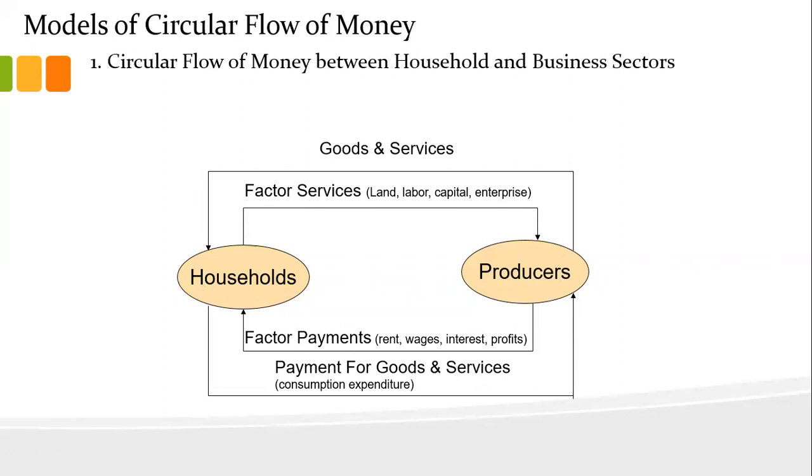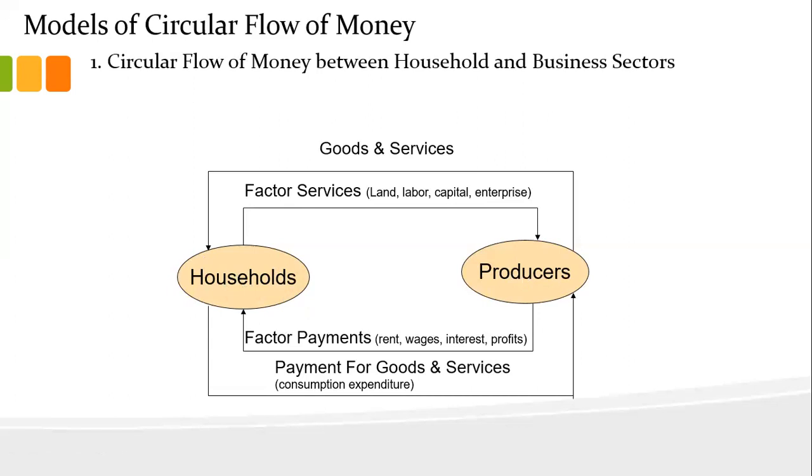Now from producers to household, how does the money flow? I told you these individual households or individual persons are working with producers. Might be someone is a manager there, or a worker, or a driver.